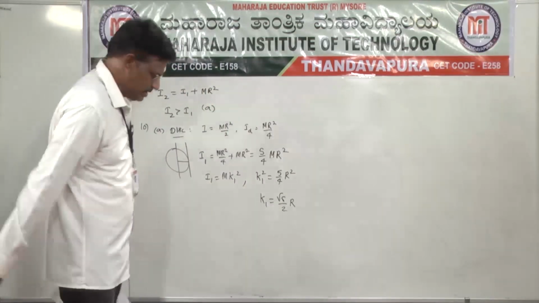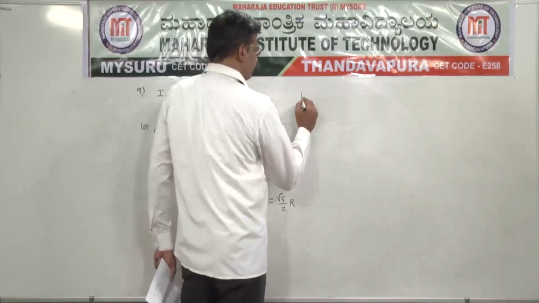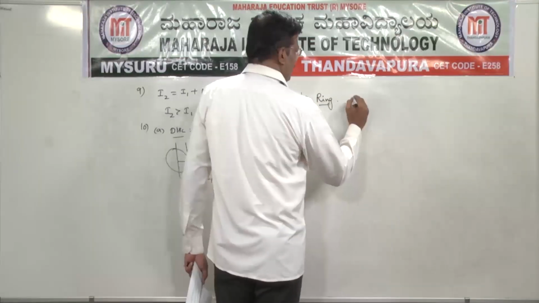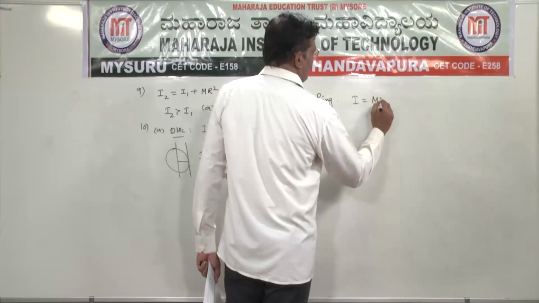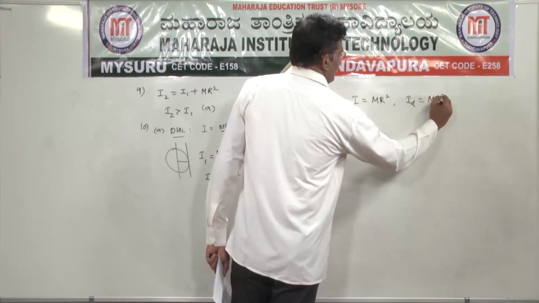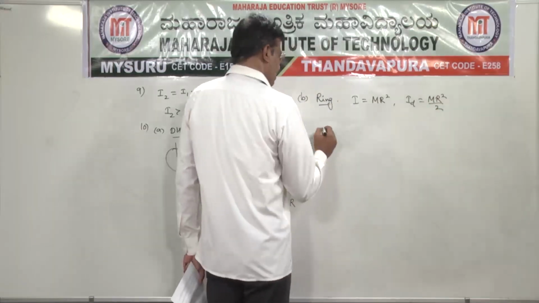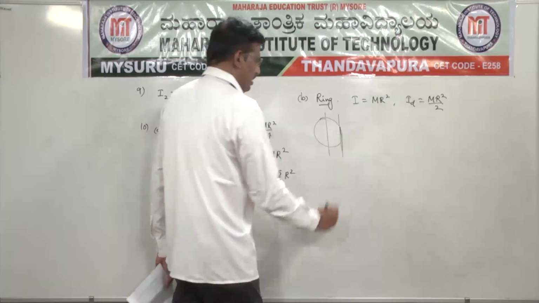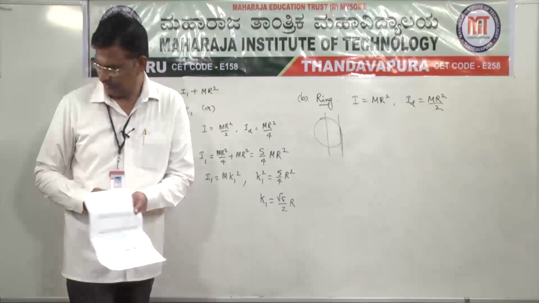Then the circular ring, next one. For a circular ring, about its original axis I is equal to mr square, and about any diameter the moment of inertia is mr square by 2. So therefore, circular ring about any diameter and parallel tangential axis.